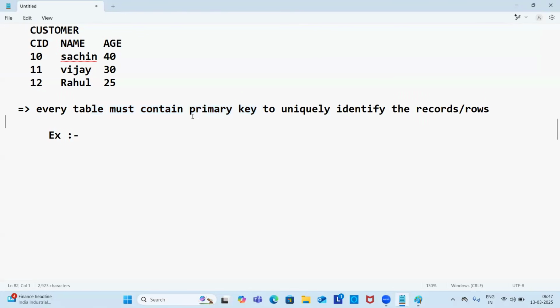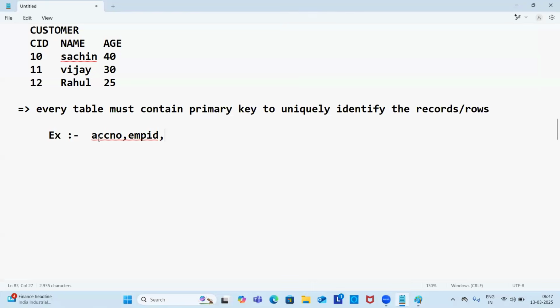If a primary key is not there, uniquely identifying is difficult. So the table must contain a primary key. Banks use account number. Companies use employee ID to uniquely identify the employees.